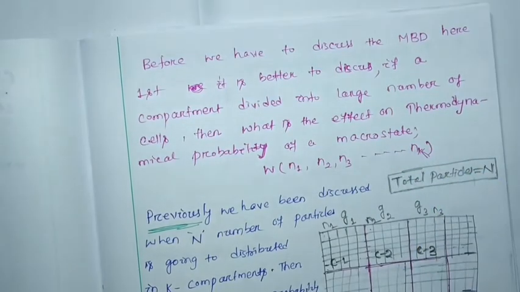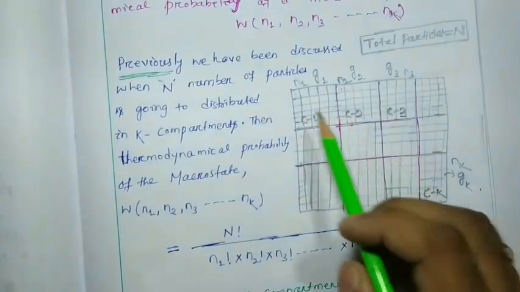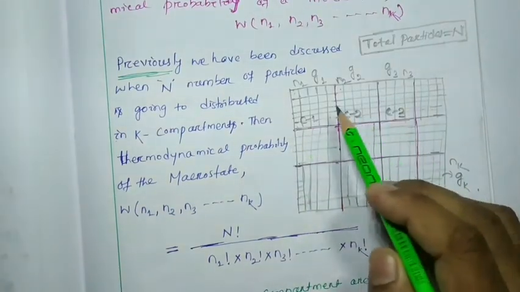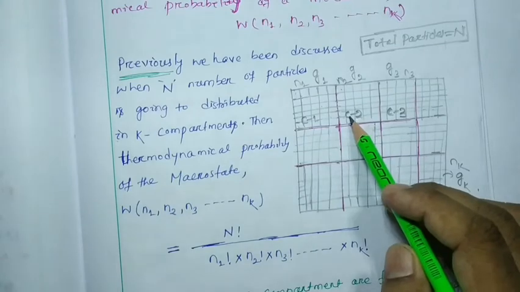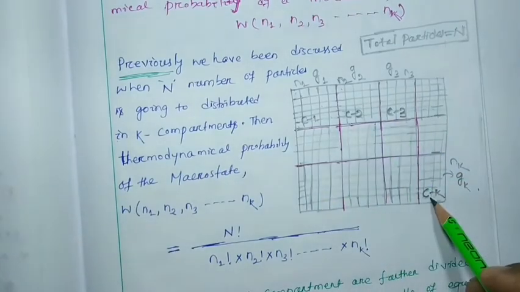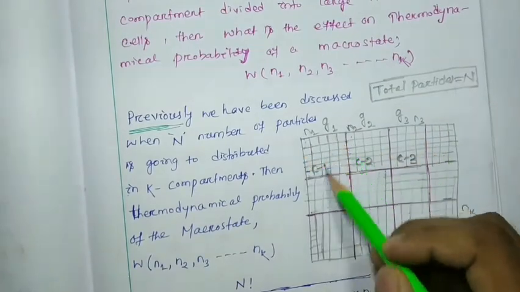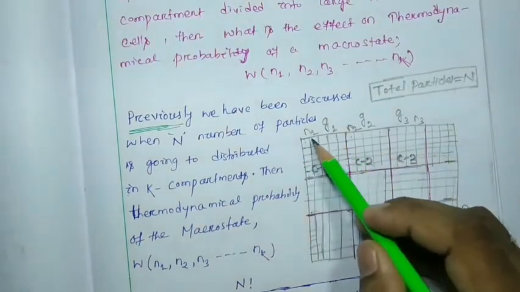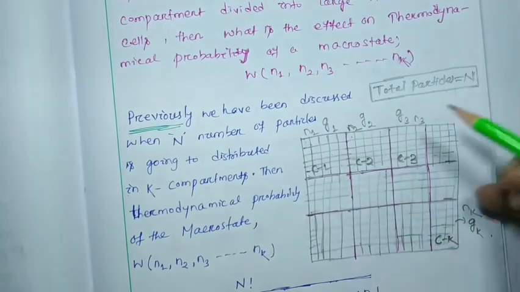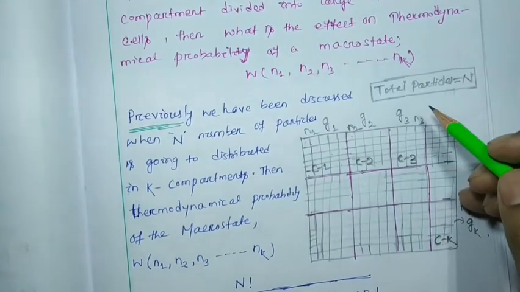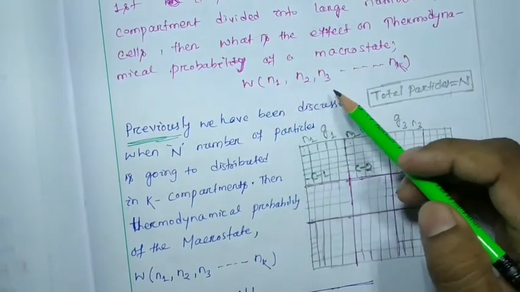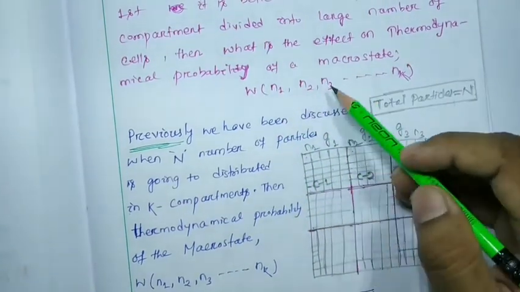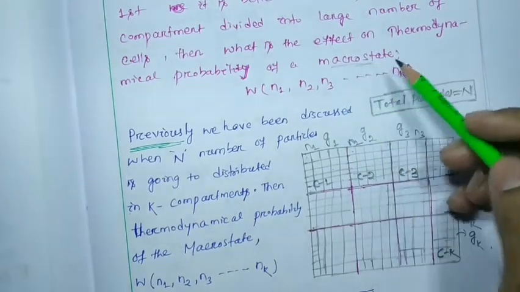Okay, so previously we considered that a box is divided into compartments, C1, C2, C3 up to CK. But here, if we divide each compartment further into a large number of cells, then what changes will we find for a particular macrostate, or the thermodynamical probability of a particular macrostate?